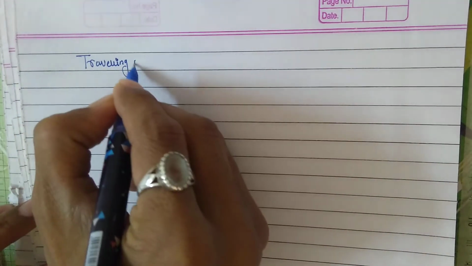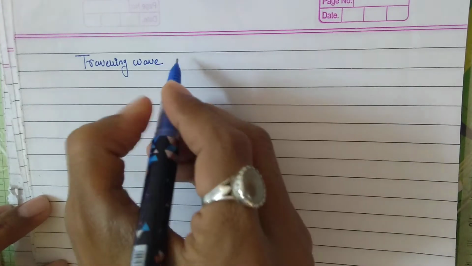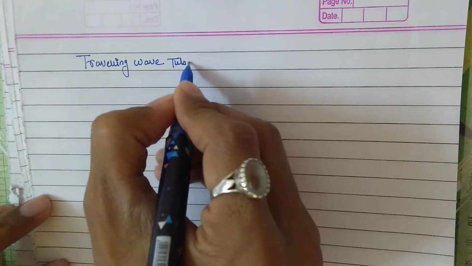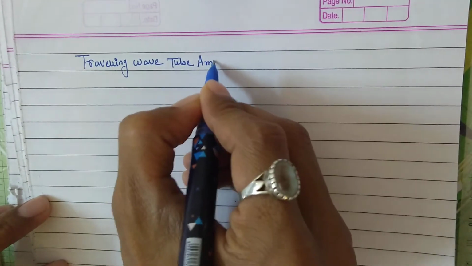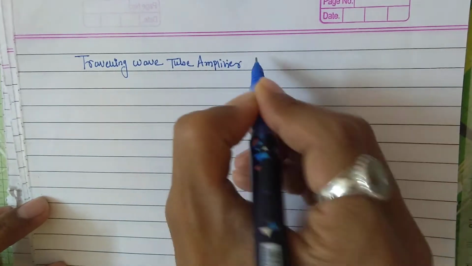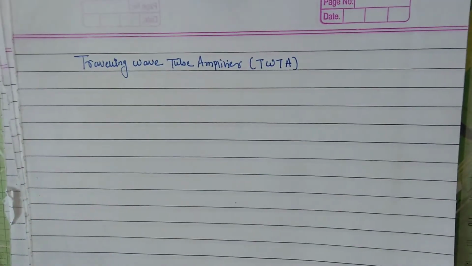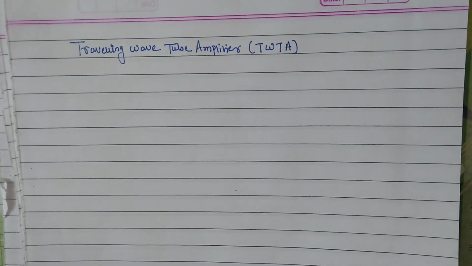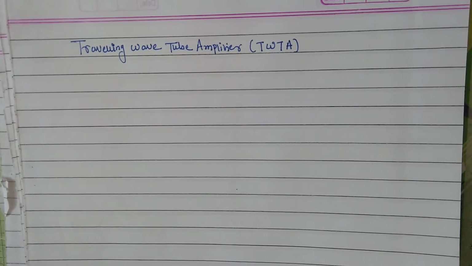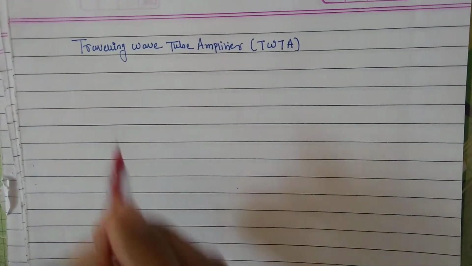Traveling wave tube, and it is used as an amplifier. So in short, it is called TWTA. It is very much required whenever we have a broadband application.